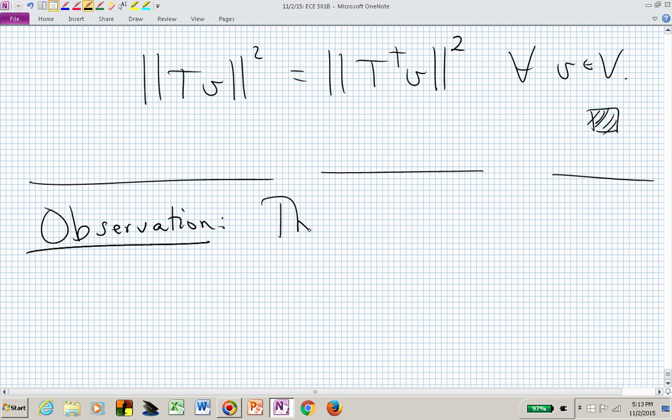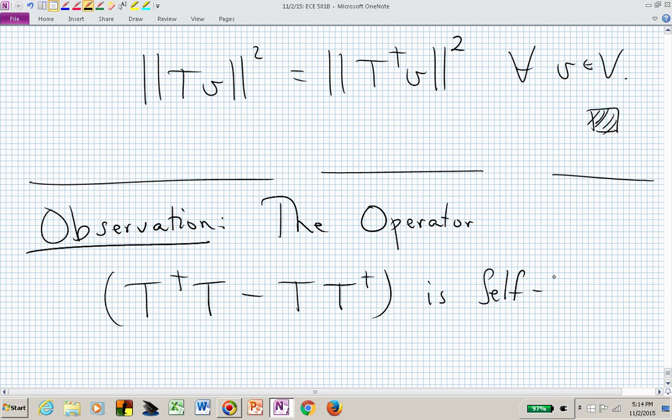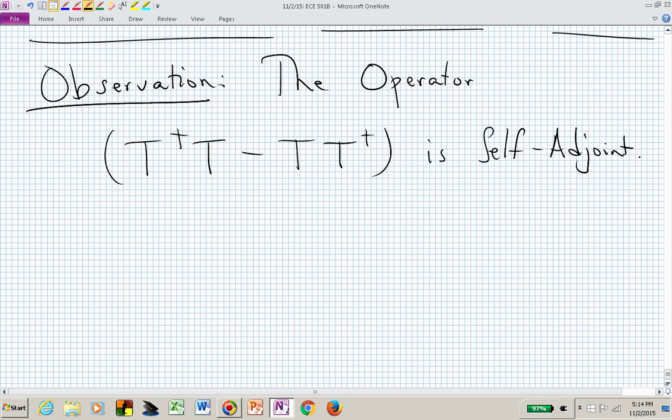Observation: the operator T dagger T minus T T dagger is self-adjoint. Now, we didn't say anything about T being normal.